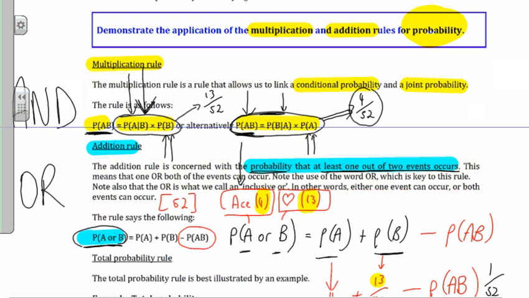But what does the first part ask us? It says I want to know the probability of getting both an ace and a heart. Well, that is equal to the probability of getting a B, a heart, given that I've already got an ace.